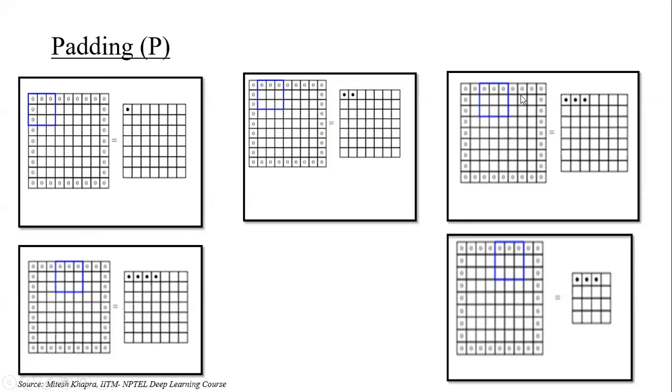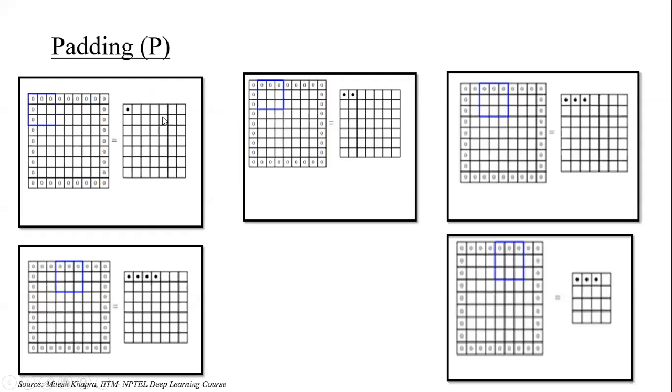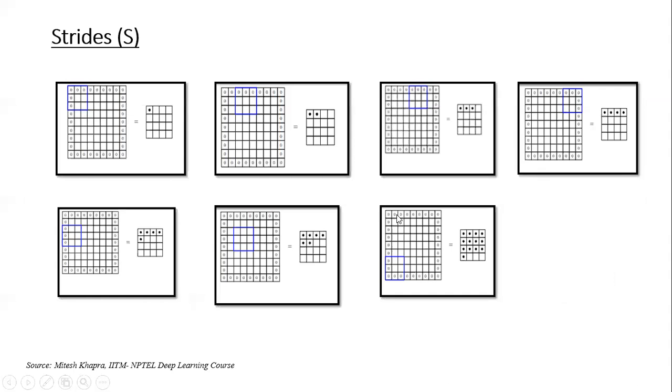So the output size that I have will keep on changing accordingly. What we saw earlier is that the output depends only on the input if there is no padding, and we know how much the size will change. If there is padding, my size will further change.